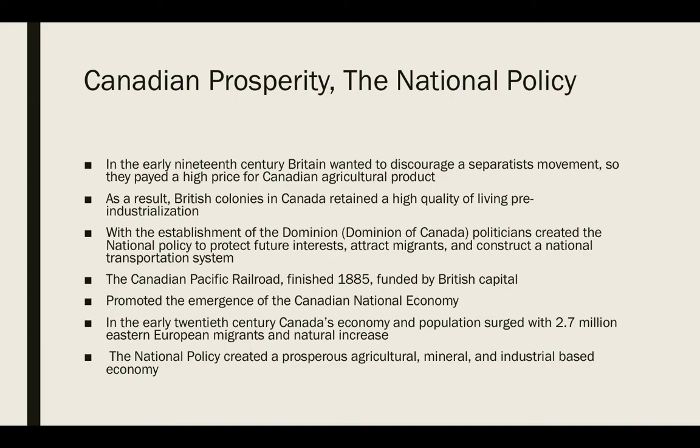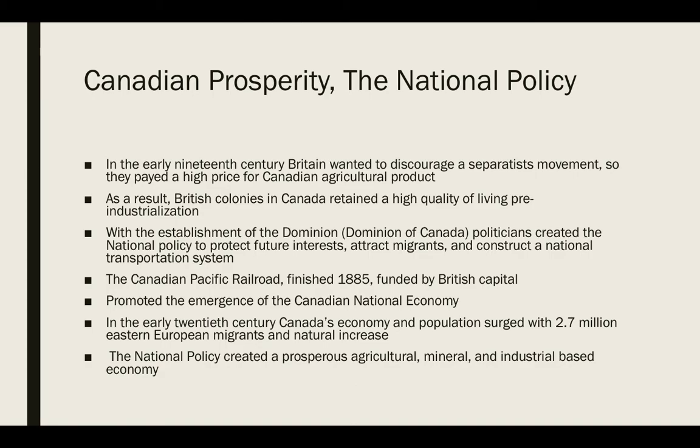With the establishment of the Dominion of Canada, politicians created the national policy to protect future interests, attract migrants, and construct a national transportation system. So they wanted to have Western settlement, protective tariffs, and a railroad, essentially, along with that.